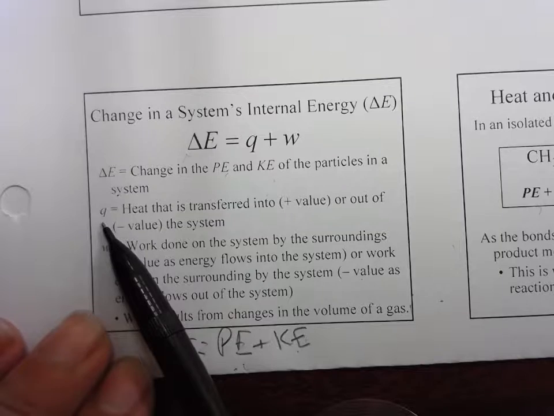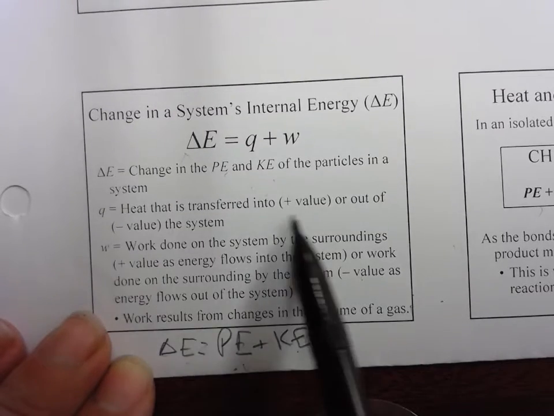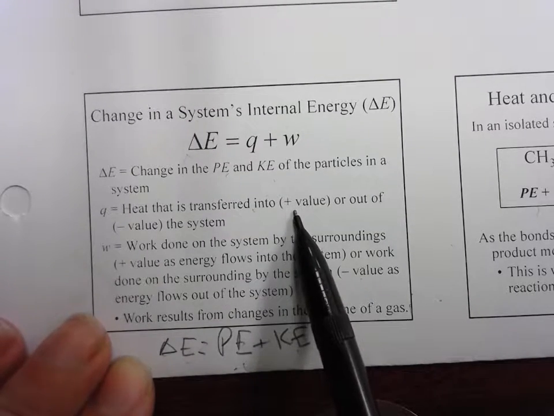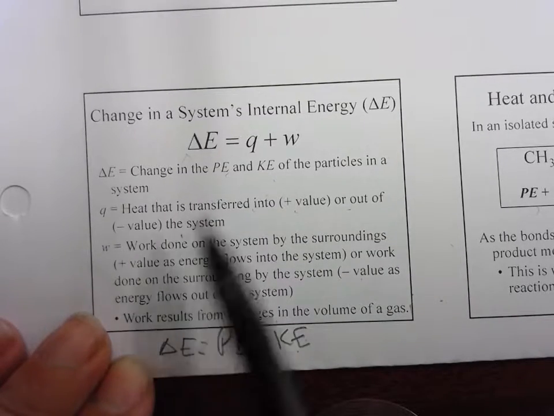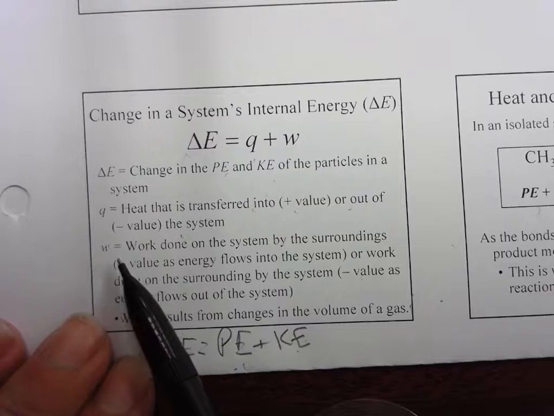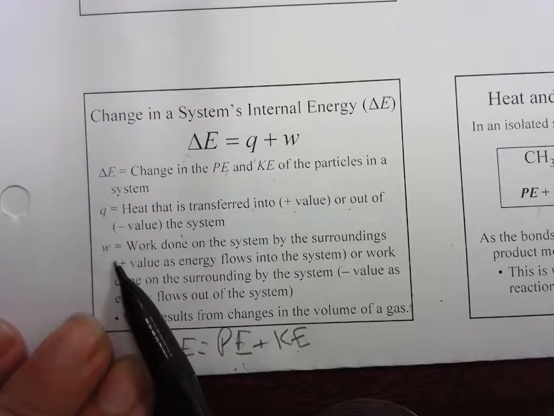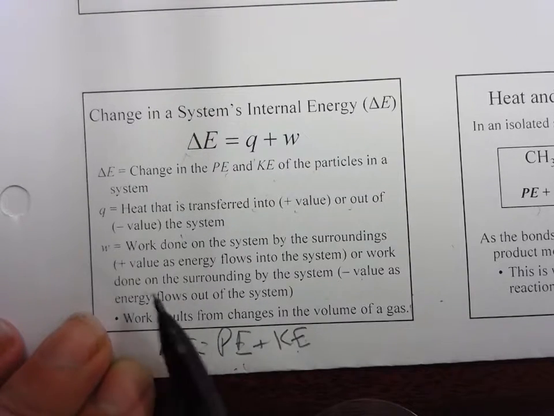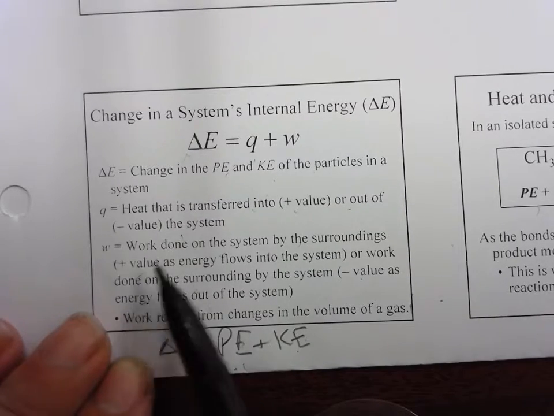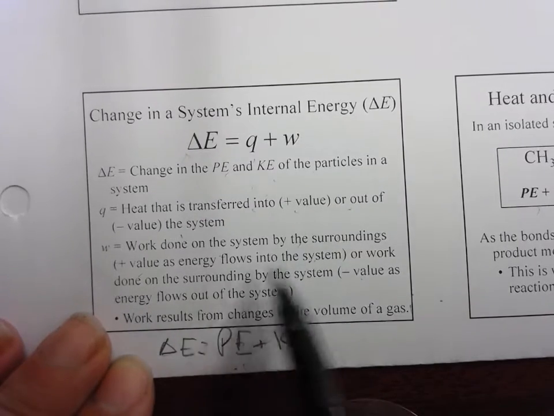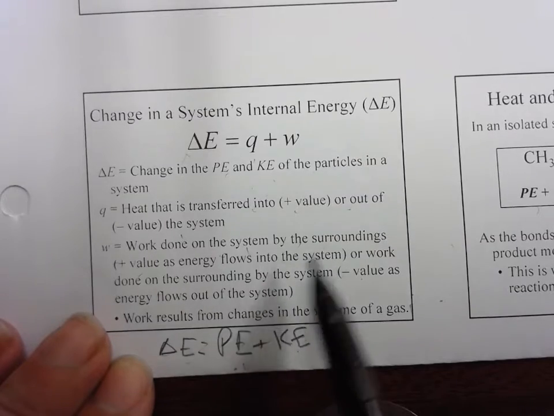Q is our heat, right? Heat that's transferred into the system gives us a positive value. Heat that's transferred out of the system gives us a negative value for Q. Okay, and then W is our work done on the system. Okay, so work done on the system by the surroundings would be a positive value. So energy is flowing into the system. So it's done on the system by the surroundings.